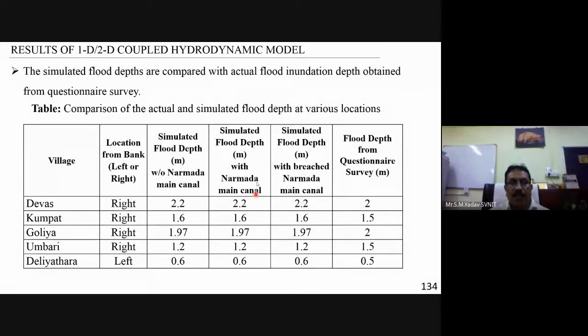Three scenarios we have considered: simulated flood depth without Narmada Main Canal, with Narmada Main Canal, and with breached Narmada Main Canal. From the questionnaire survey, when we visited these Dewas villages, it was observed the depth was around 2 meters. And almost for all the cases, the simulated and observed depth match with each other.